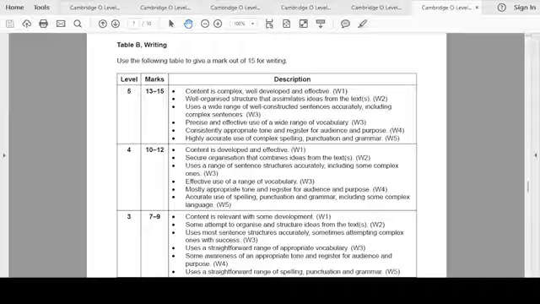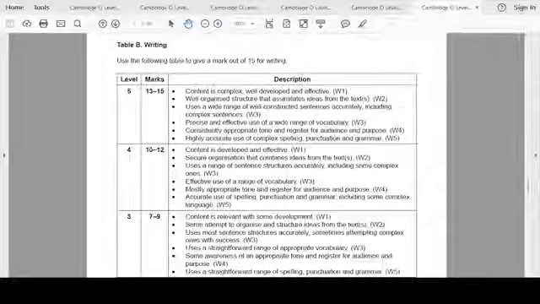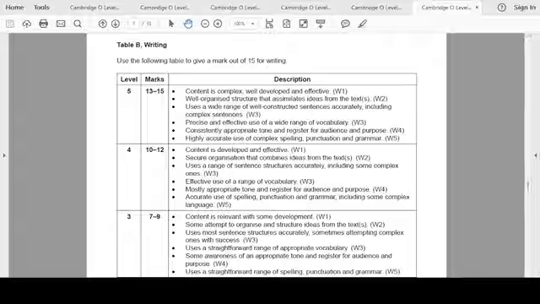So you can have a well constructed sentence, but you're using it in the wrong place or in the wrong context. So that's not accurate. So the way you're phrasing your sentence in the particular part of the text that you're doing it, both of those matter. Including complex sentences, so not just simple sentences, not just compound sentences, including complex sentences as well. And sentence structure is something that I will cover in class.